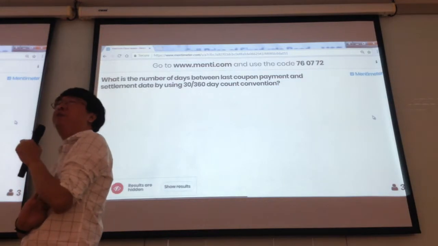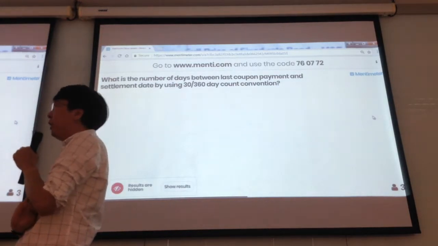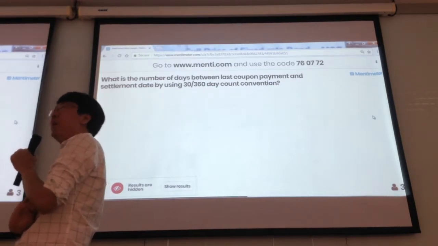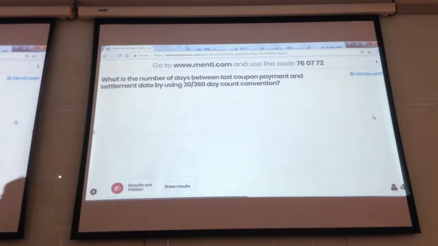The last coupon payment is 15 of February 2015 until the settlement date, 14 of May 2015.